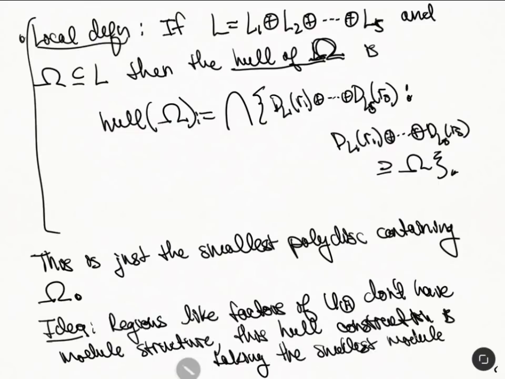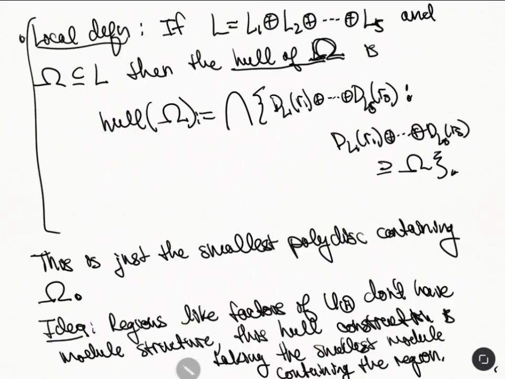I haven't really said what the ring is, but it could be over, say, O of the intersection of all those fields. The smallest module containing the region.